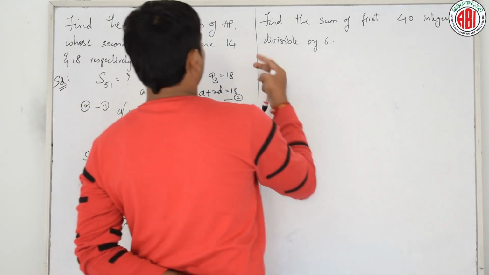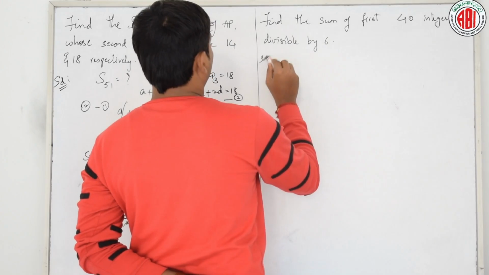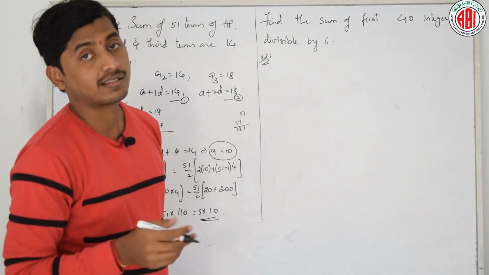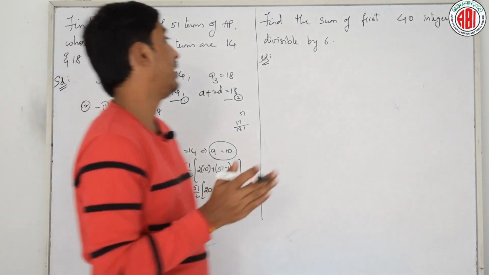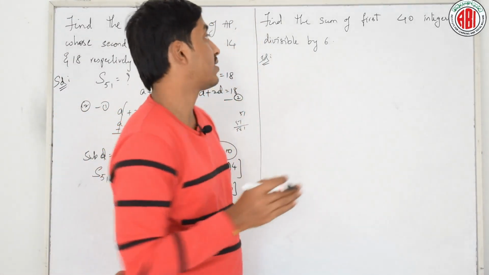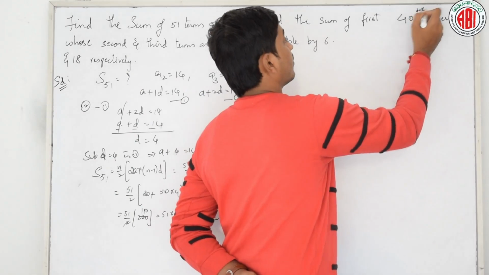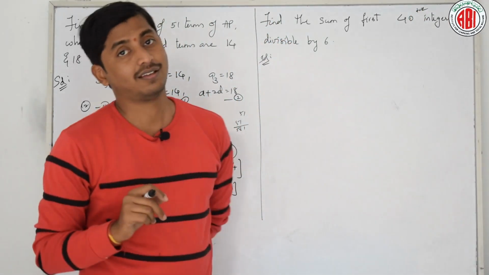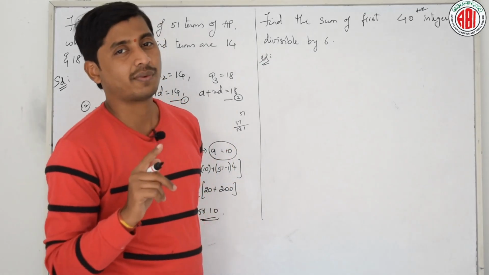This kind of question we have solved, right? He is asking us to find the sum of first 40 positive integers divisible by 6. Okay, 40 terms, divisible by 6. Now tell me, what is the first number divisible by 6?